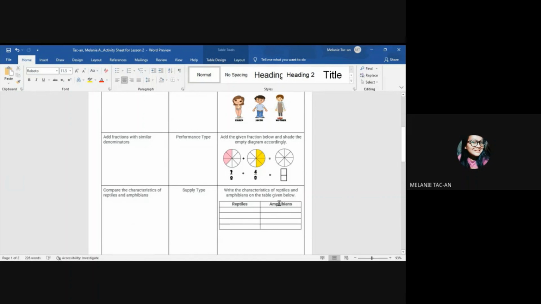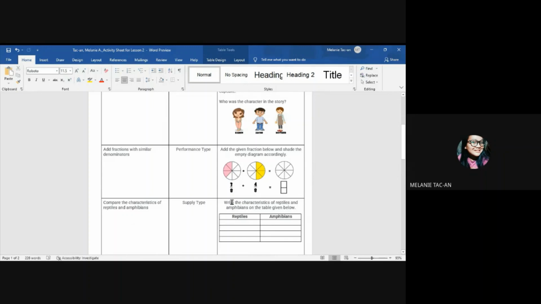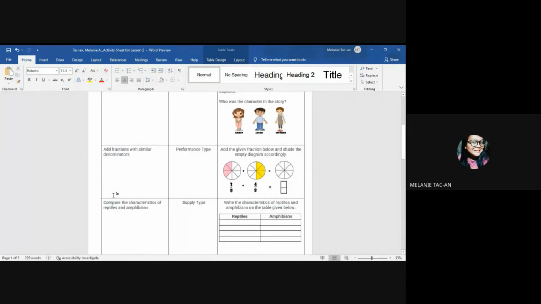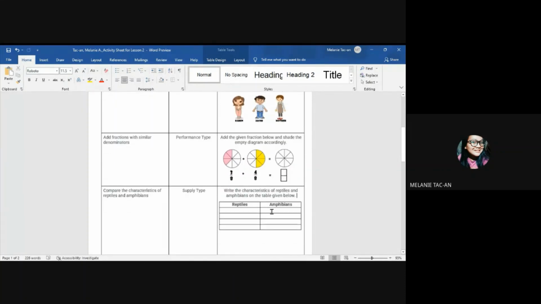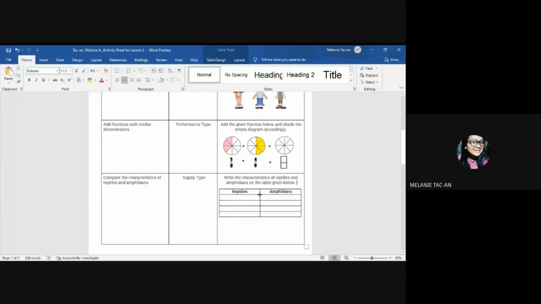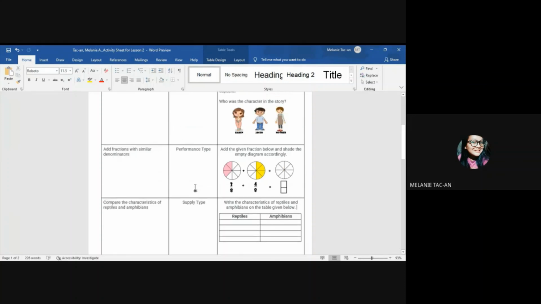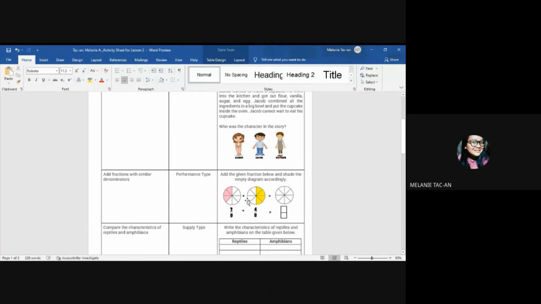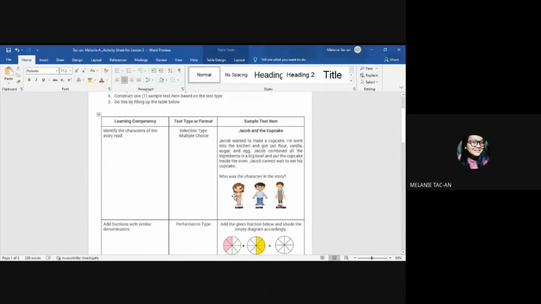So even though the instruction is to write the characteristics, and the learning competency is compare, I think they still coincide because students can also think about the characteristics of reptiles and amphibians. That's all. We teachers should also consider the learning competency in how we make the test item.